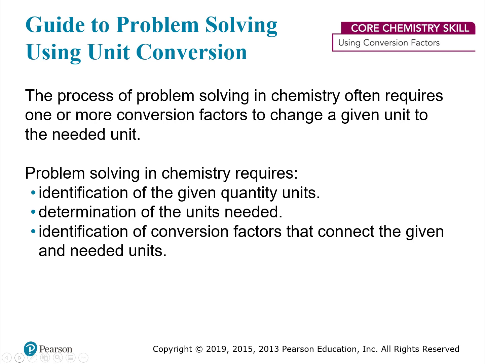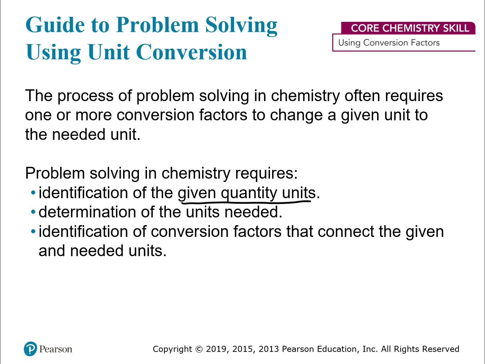So in order to do that, the first thing you need to do is identify the given quantity units. So let's say that the problem tells you that someone ran 573 meters, and the question is asking you, how many feet is that? Well, you identify the given quantity units. So we're told about the number of meters.